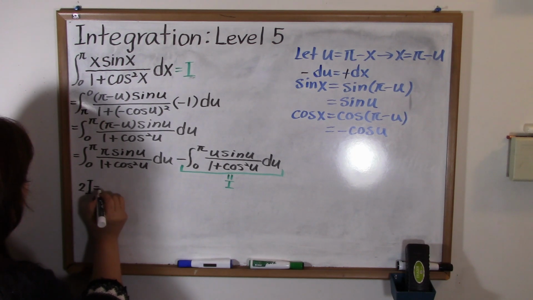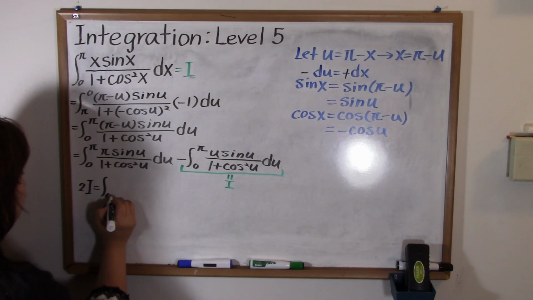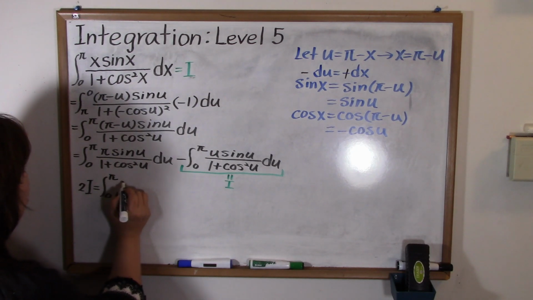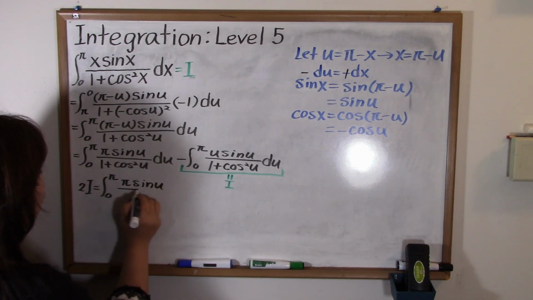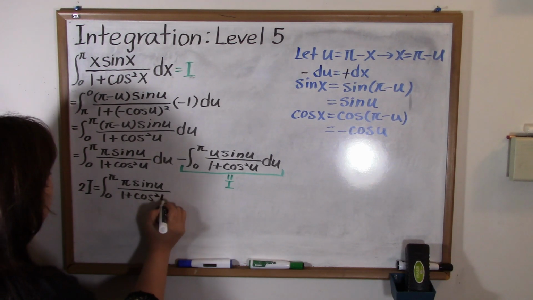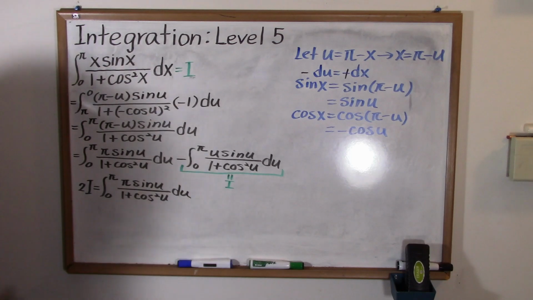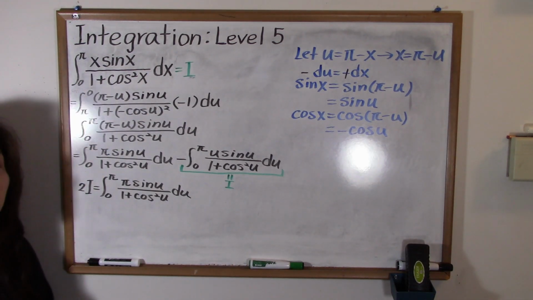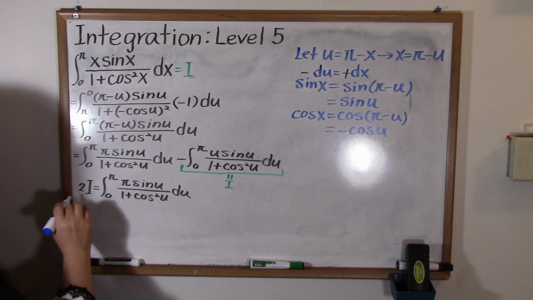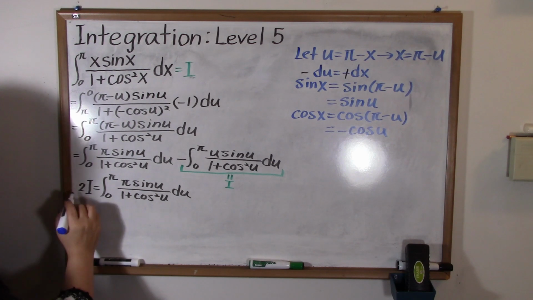2I is equal to this integration. Integral from 0 to pi of pi times sine of u all over 1 plus cosine squared u du. Okay? So, next step, we want to divide both sides by 2 because we want to make this just single I. Okay?